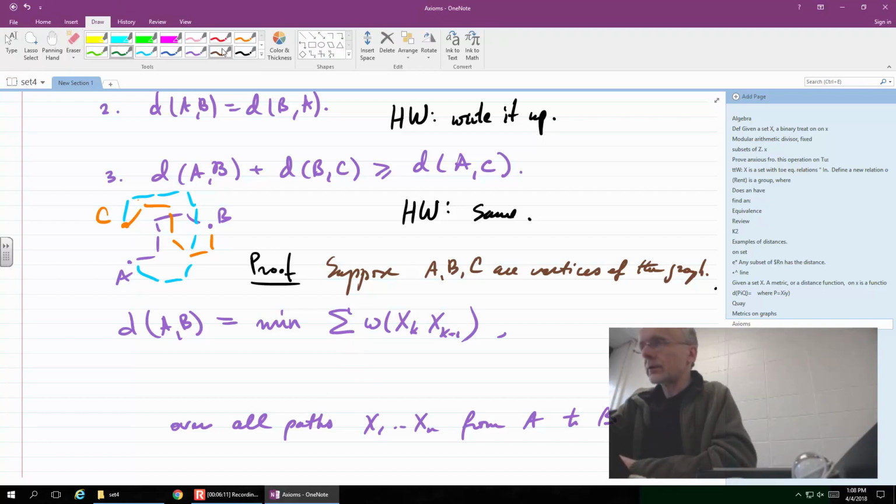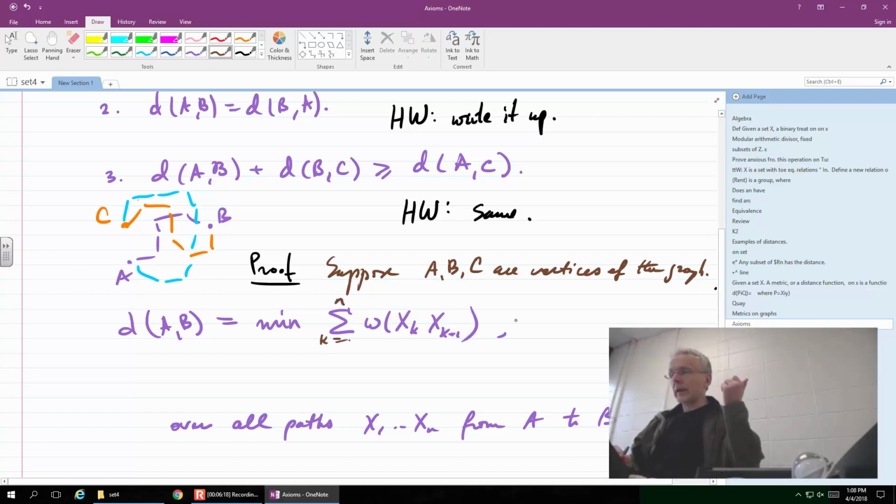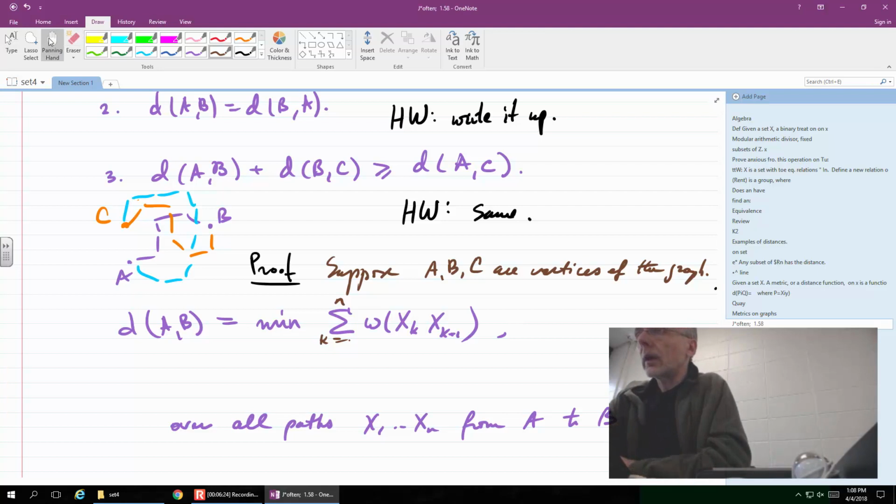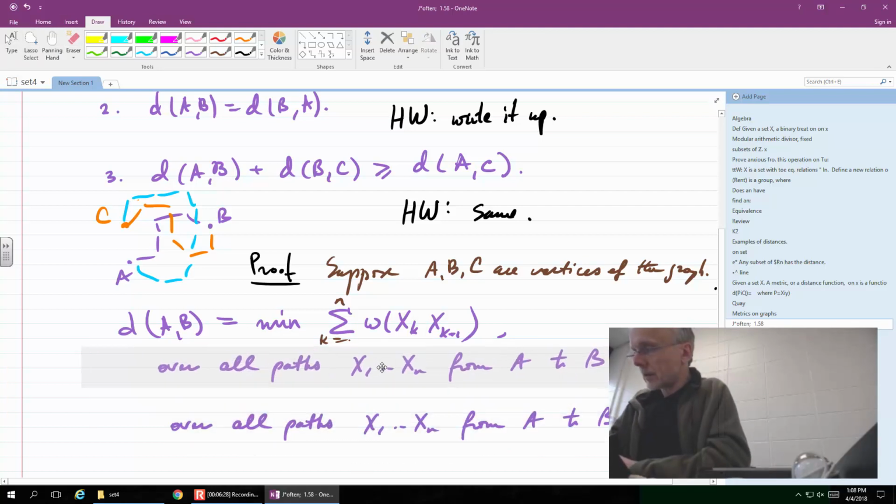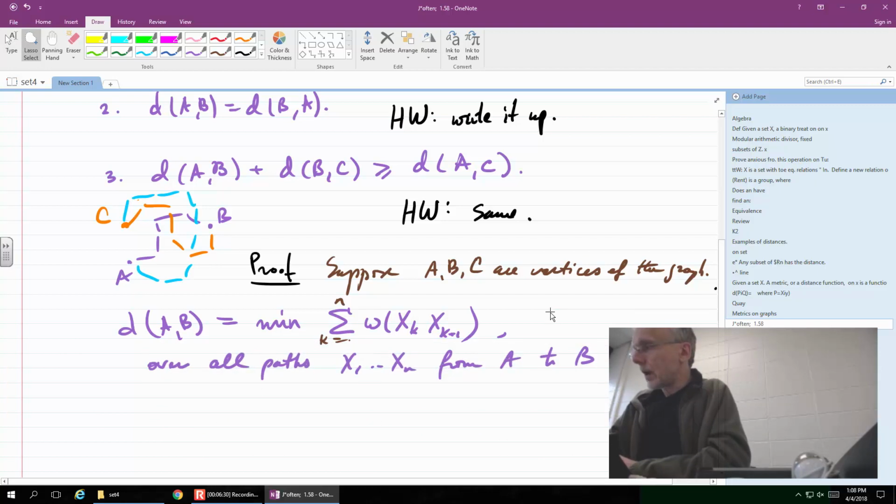So we are doing summation from K from 1 to N. However, here the minimum is over all paths. That's the definition.